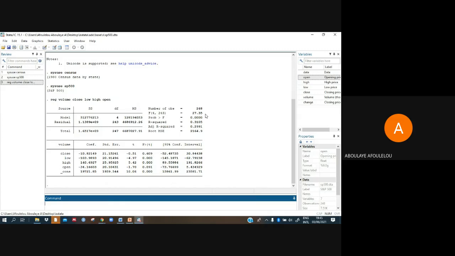This value of the F helps us to validate the hypothesis, which is that the intercept-only model is equal to our model. What is the intercept-only model? It is the model which is composed only of the intercept.